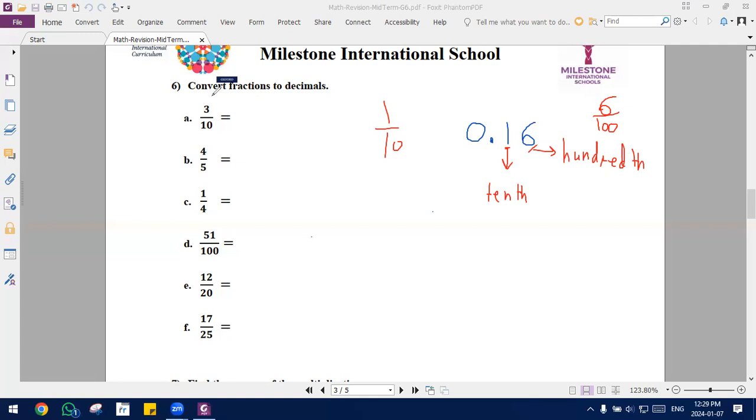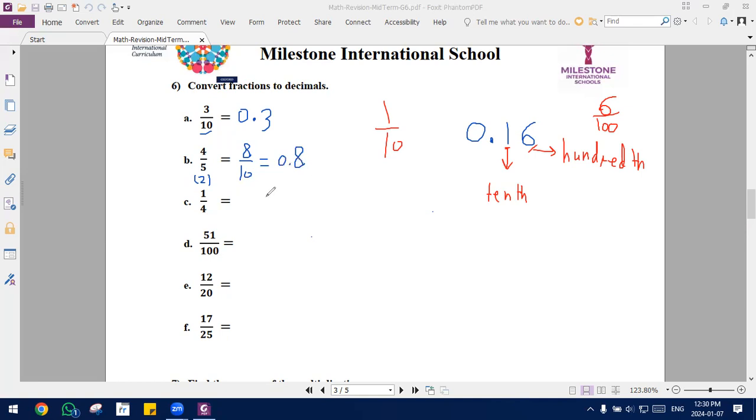So it's one value after the decimal point, 0.3. Next one, 4 over 5, can I make it over 10? Yes. We multiply it by 2, it will be 8 out of 10. Now as a decimal it is 0.8.